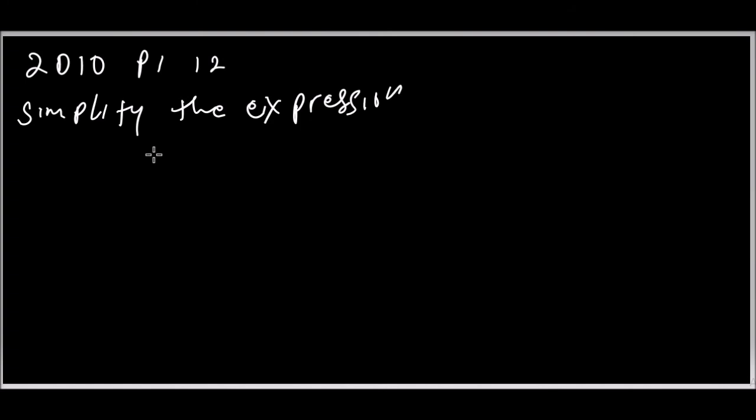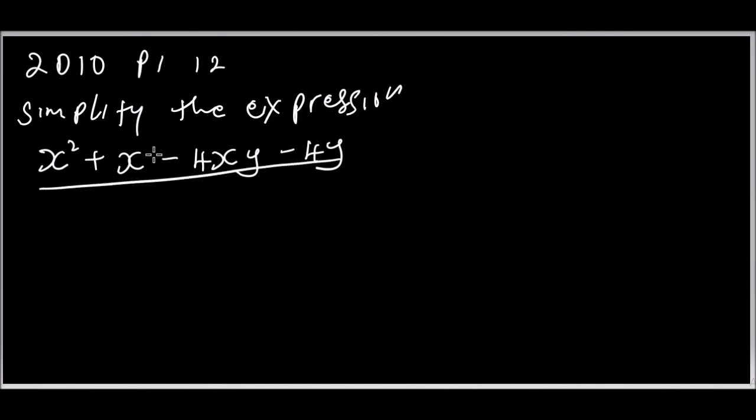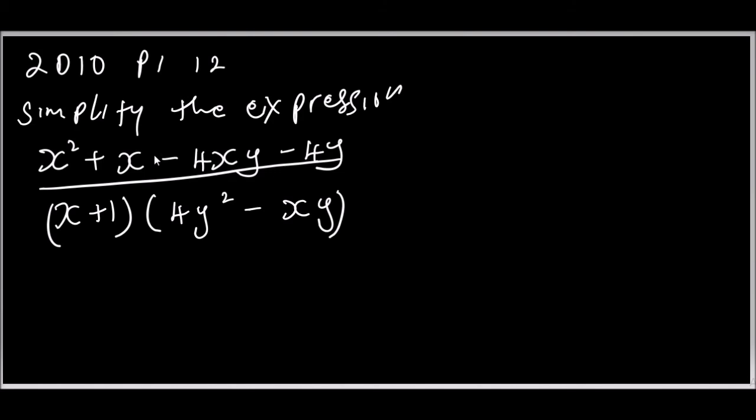The expression is x squared plus x minus 4xy minus 4y, you divide by (x plus 1) and (4y squared minus xy). So this question, you can be able to do this. It is even easier. That question was given 3 marks, so these are 3 marks.